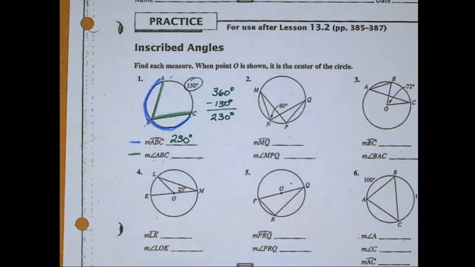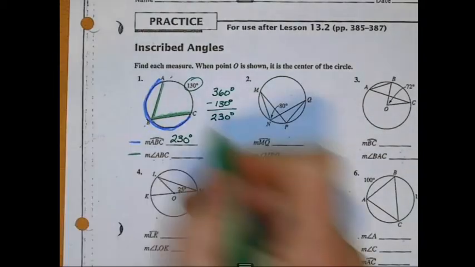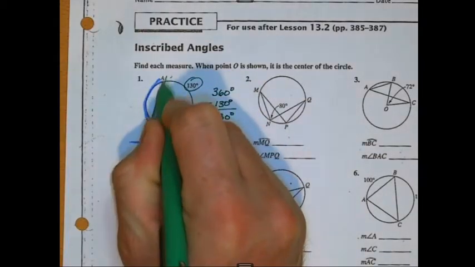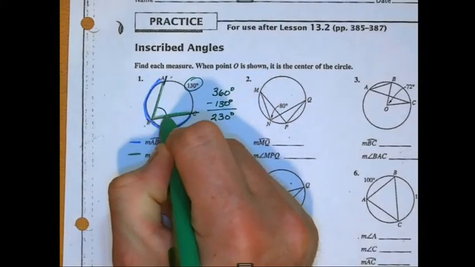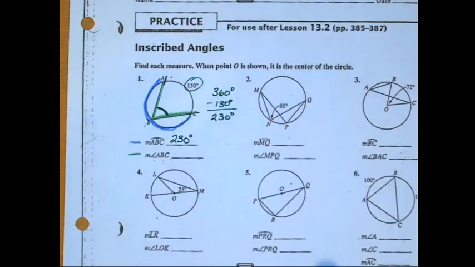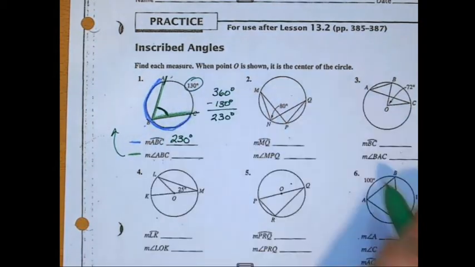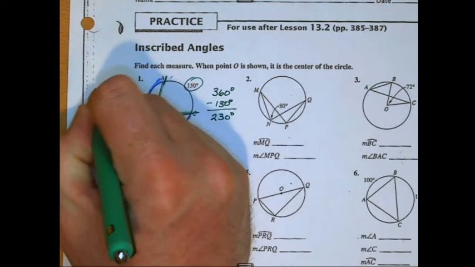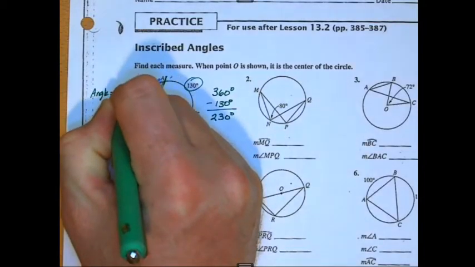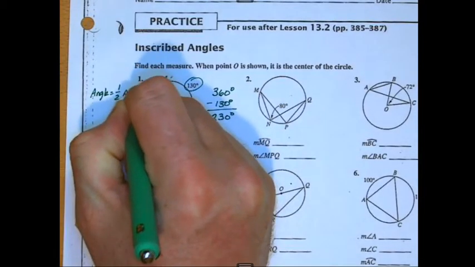I guess I should have written that in blue, but that's okay. So what we're then going to ask for is, what is the measure of angle ABC? Well, that is the intercepted arc of the inscribed angle. And for the intercepted arc of the inscribed angle, the angle is equal to half the arc.